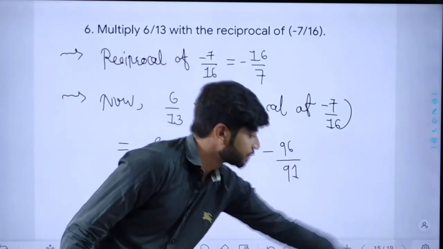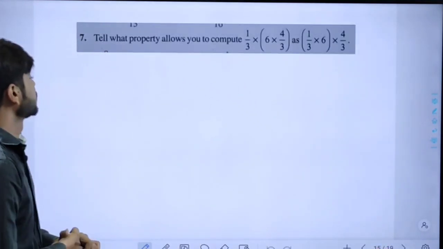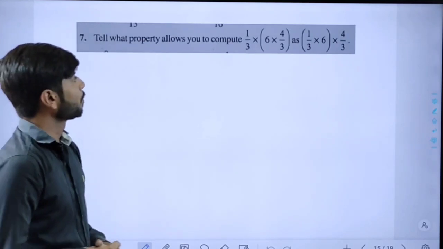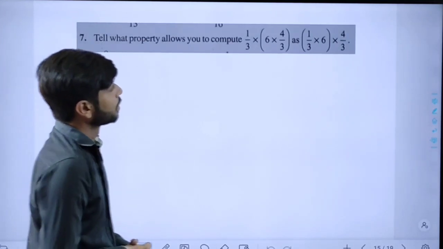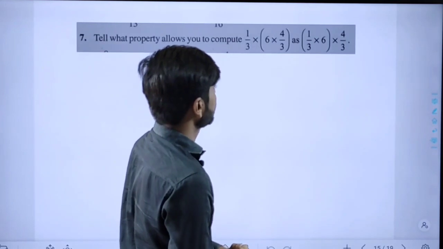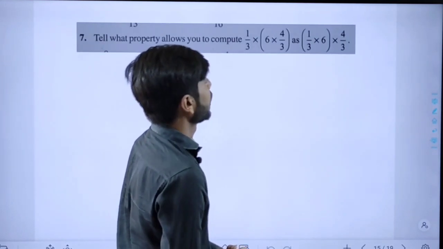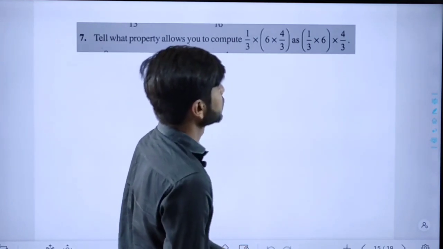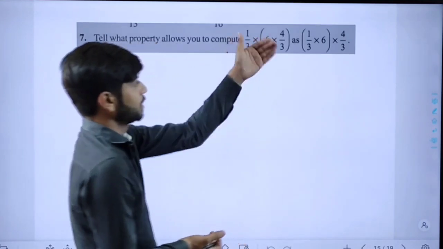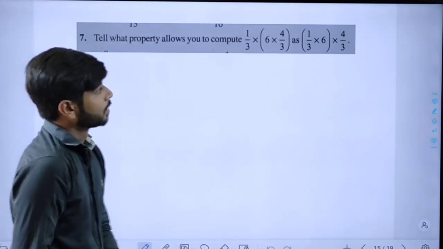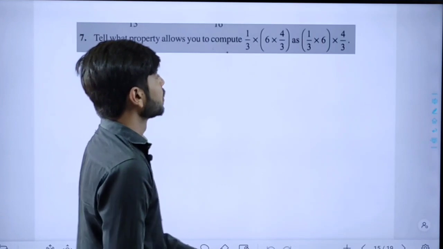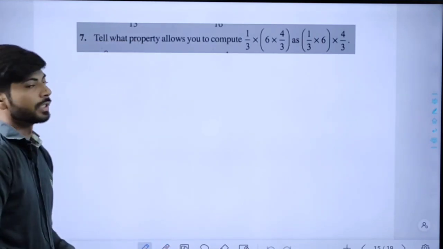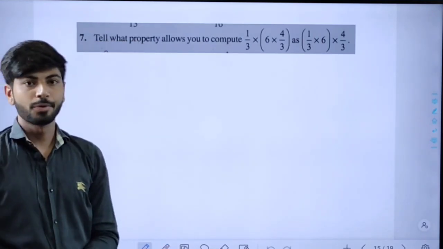Now next, seventh question. Tell what property allows you to compute 1 upon 3 multiplied with 6 multiplied with 4 upon 3 as 1 upon 3 multiplied with 6 multiplied with 4 upon 3. You can see the brackets are there. So it is grouping property, and the grouping property is called associative property.